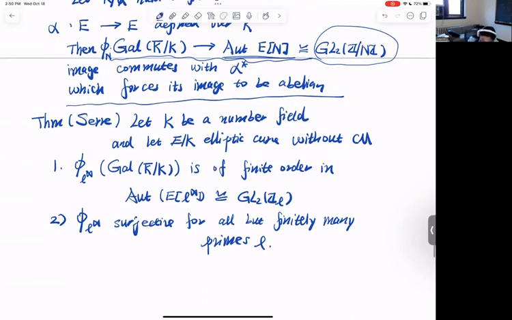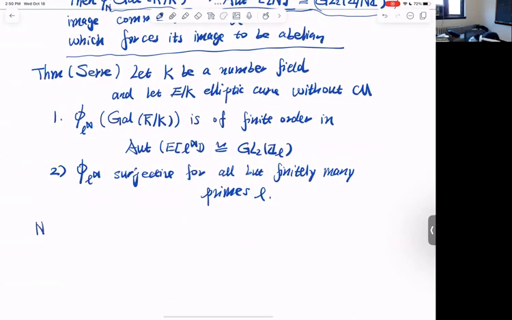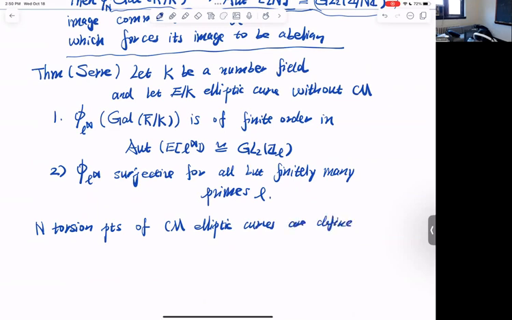What does that mean? That means that CM elliptic curves are defined over small fields, relatively speaking, relative to an elliptic curve with non-CM.